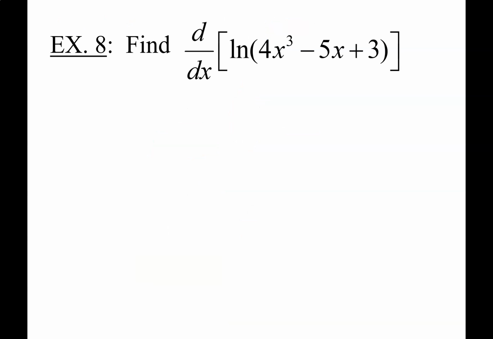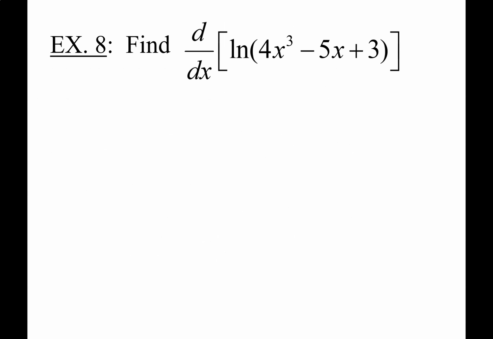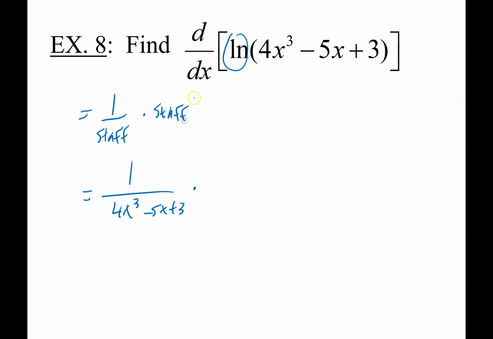Okay, looks a little nastier, doesn't it? So, again, what am I going to do? Differentiating ln is 1 over stuff. So I'm going to get 1 over 4x cubed minus 5x plus 3 times, what is the derivative of my stuff?